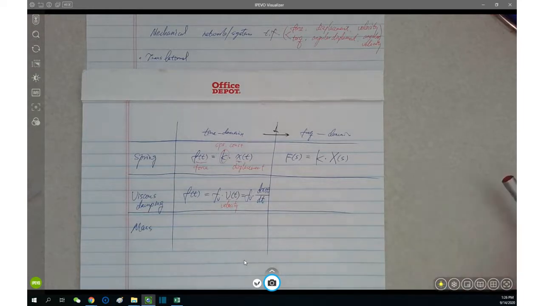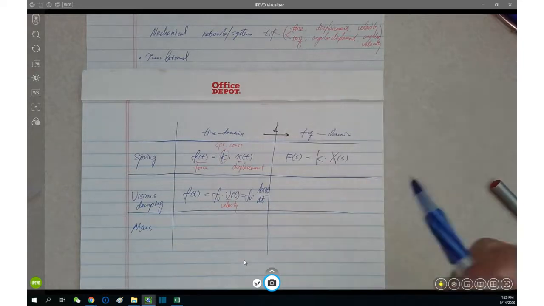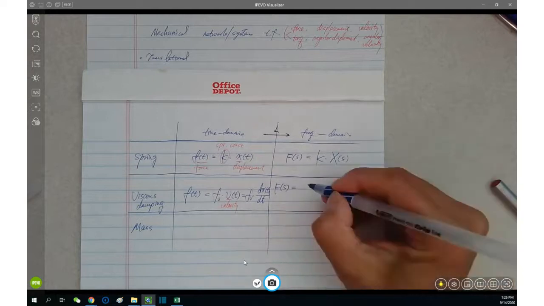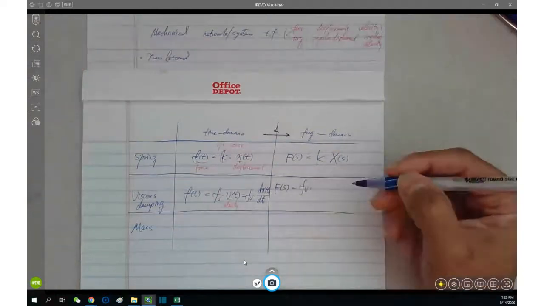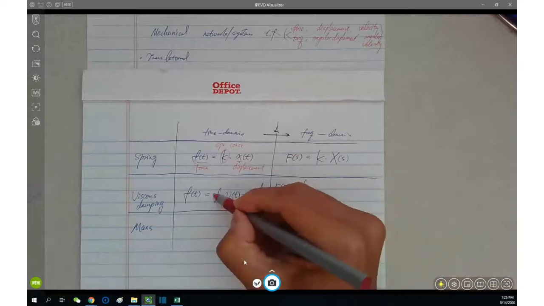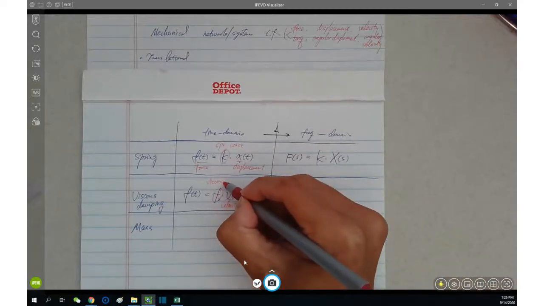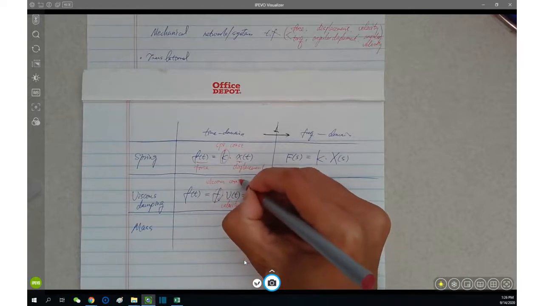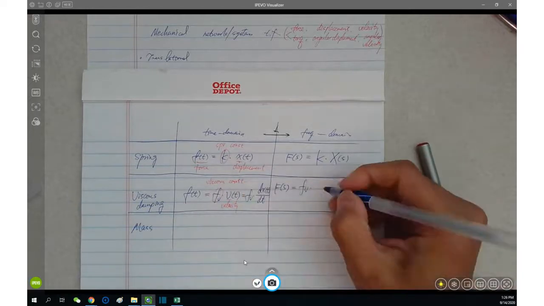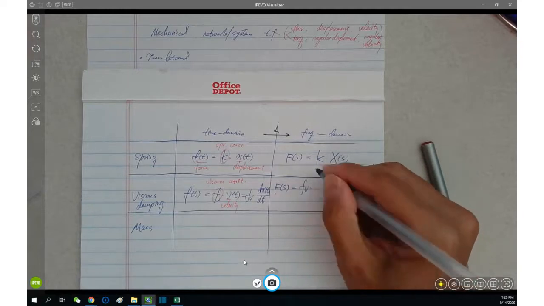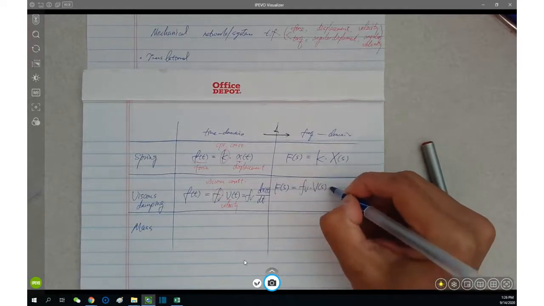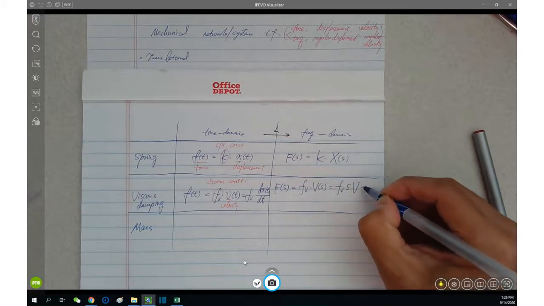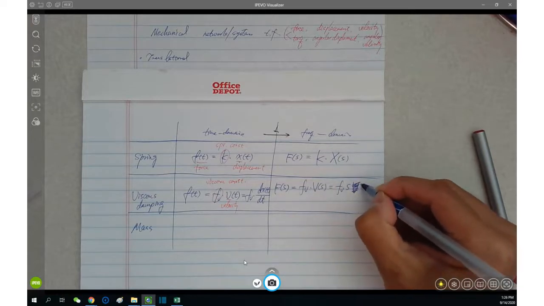Now we apply the Laplace transform on it, and we end up with this: force equals f sub v, the viscous damping constant, times V of s, and also equals s times X of s.